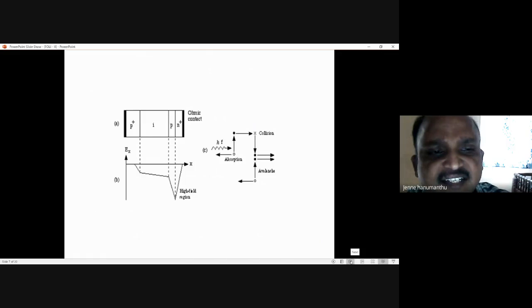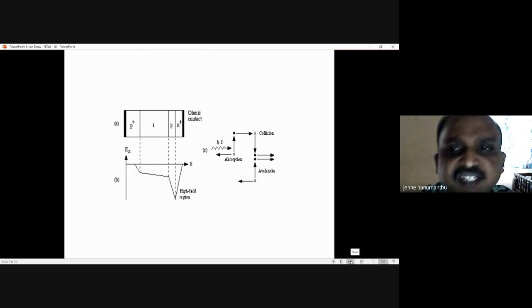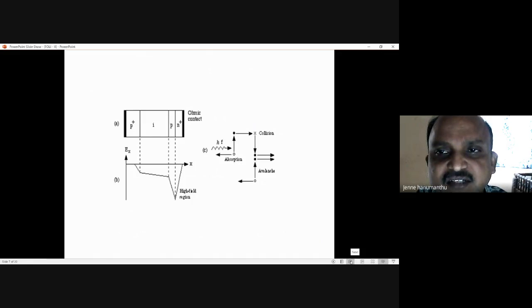Then, when the light is incident on the I region through P plus, the light is absorbed in the I region, no doubt. When the light is absorbed, what happens? As we discussed about the PIN diode, the material surface will absorb the complete photon. The surface will give you photo carriers, meaning electrons and holes.